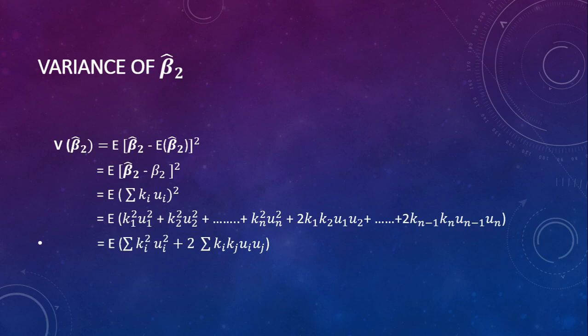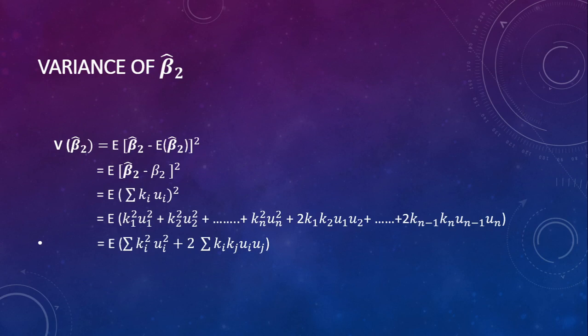So whenever we find the square of sigma ki ui, we get some square terms as well as some product terms. So we are arranging all these square terms together first.